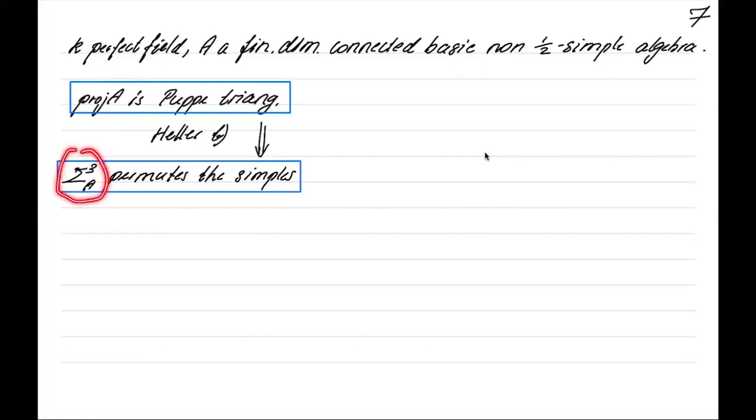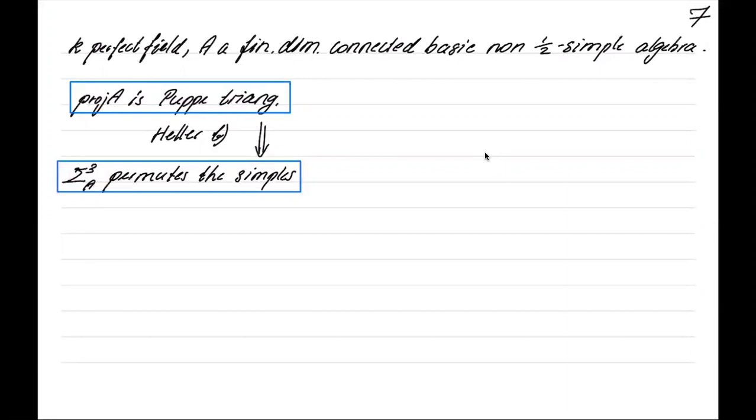This third power is simply induced by the suspension functor of A, which is an autoequivalence of Prosh A, and this autoequivalence of Prosh A, of course, permutes the simple modules. Okay.